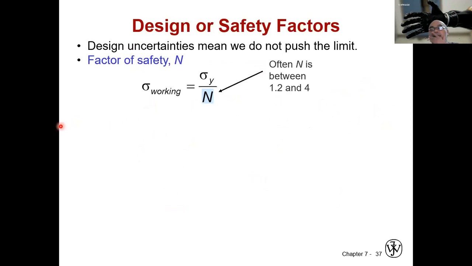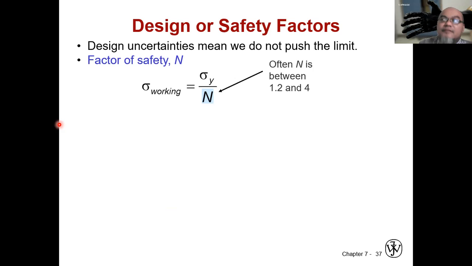And since every material has a yield strength, when you are designing a biomedical device or implant, you can calculate the stress that the implant, for example, or the device has to endure during its operation.